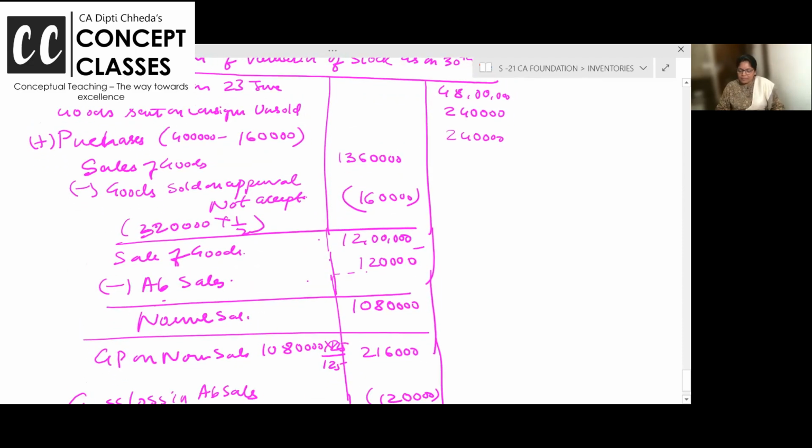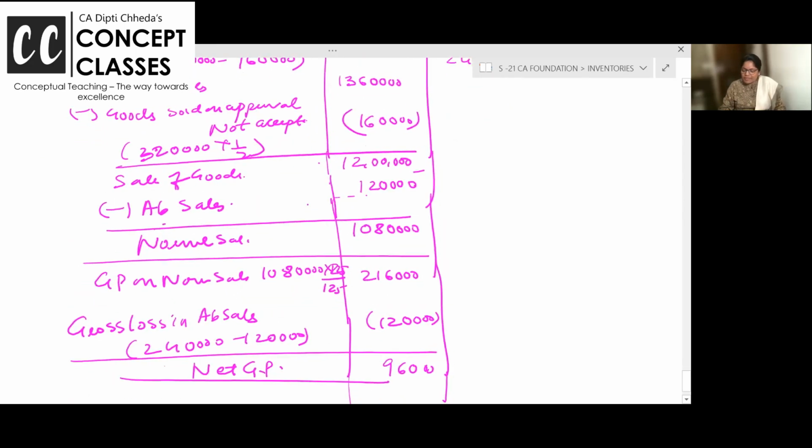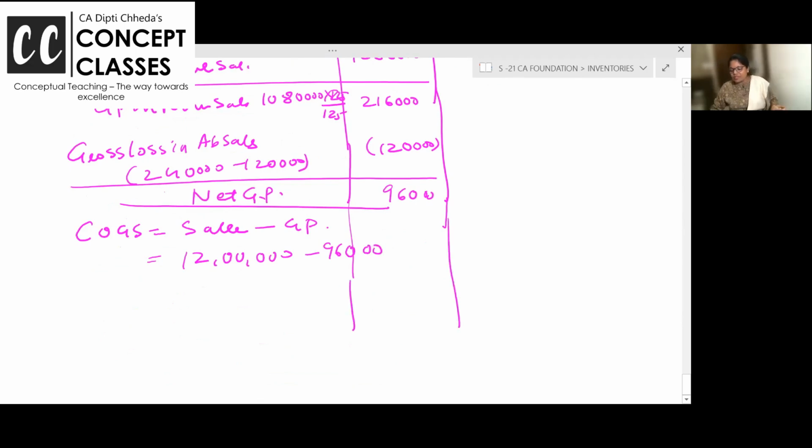So we have done some add and less. So now, what is my sale of the goods? Sale of the goods was 1360. Out of that 160 to nikali do. So now sale of the goods is 12 lakh. Normal, abnormal, sab mila ke. So COGS is sales minus GP. Sales is 12 lakh and GP net is 96,000. These are the goods which are sold.